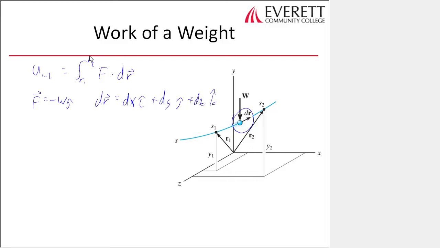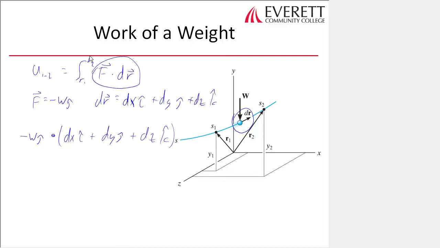Okay, so now we got to do the dot product. That's pretty easy. We'll have negative Wj dotted with dxi plus dyj plus dzk. That's this dot product right here.